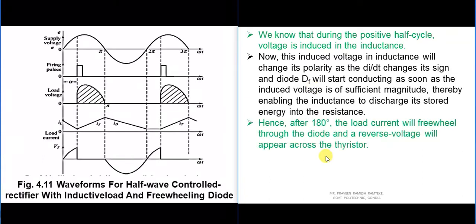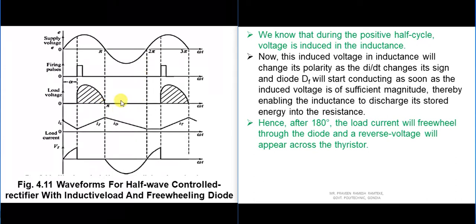Hence, after 180 degrees, the load current will freewheel through the diode and reverse voltage will appear across the thyristor. So here the reverse voltage appears across the thyristor after 180 degrees of the input cycle. Means after pi, when the negative half cycle comes, there is no half waving.